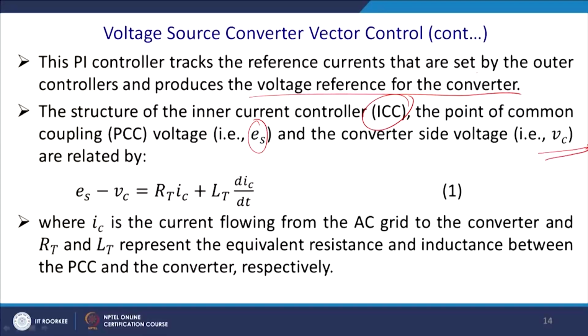So, we can write ES minus Vc equal to RT into IC plus LT dIC/dt, where IC is the current from the AC grid to the converter, and RT and LT represent the equivalent resistance and inductance from the point of coupling to the pole of the inverter.